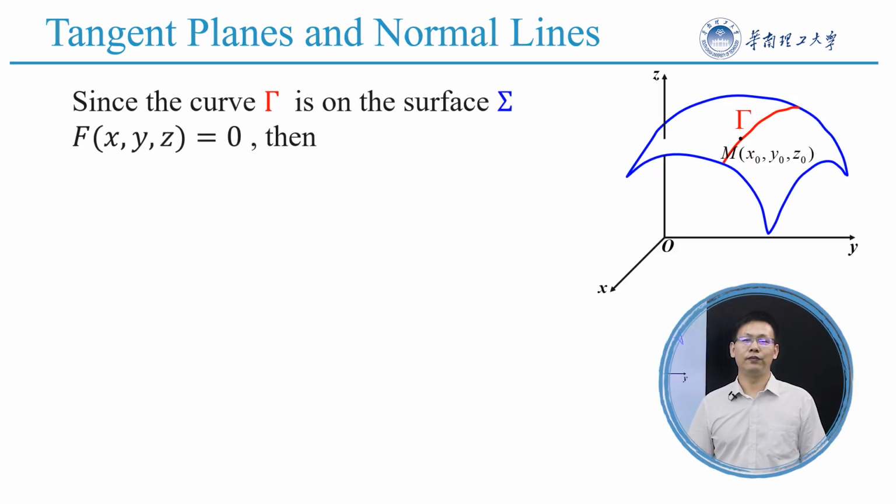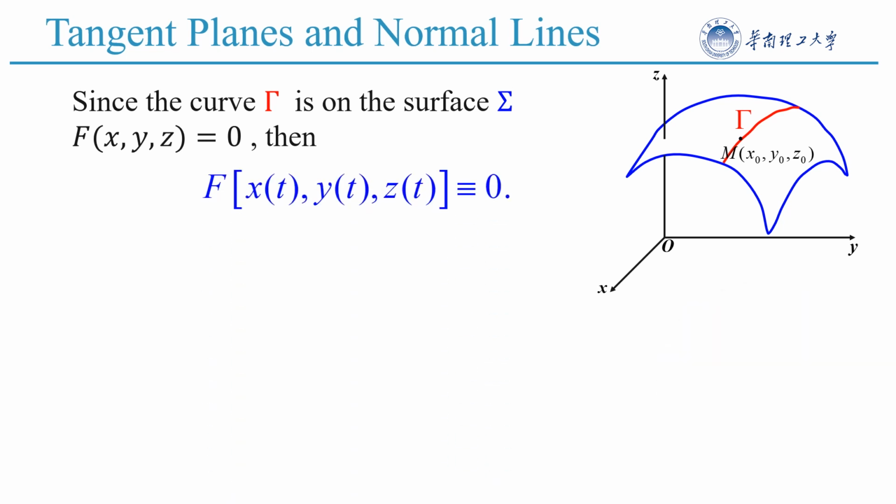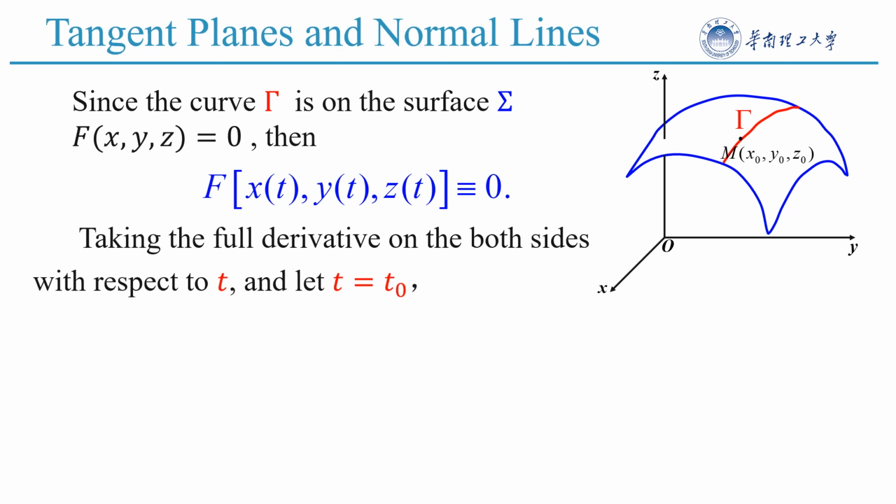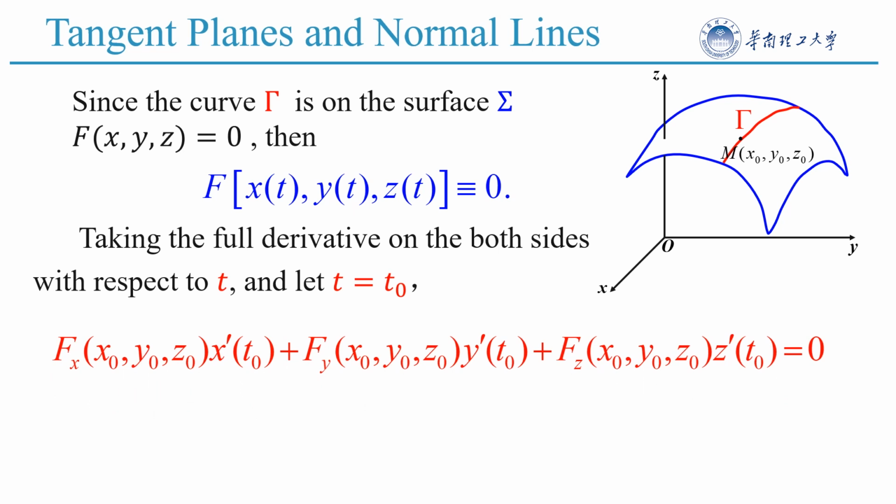Since the curve is on the surface F(x, y, z) equals 0, then x(t), y(t), z(t) satisfy the following equation. Taking the full derivative on both sides with respect to t and letting t equal t0, we have the following expression.